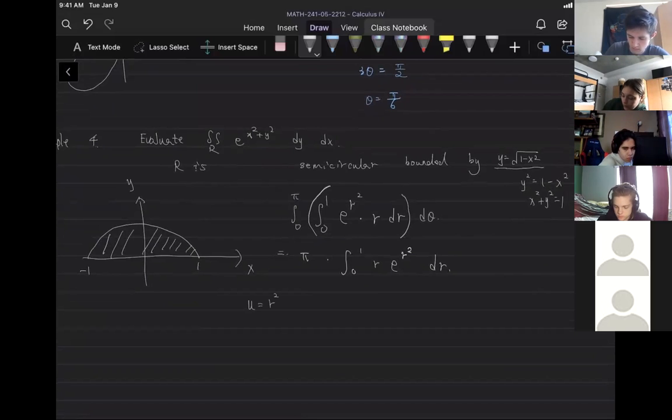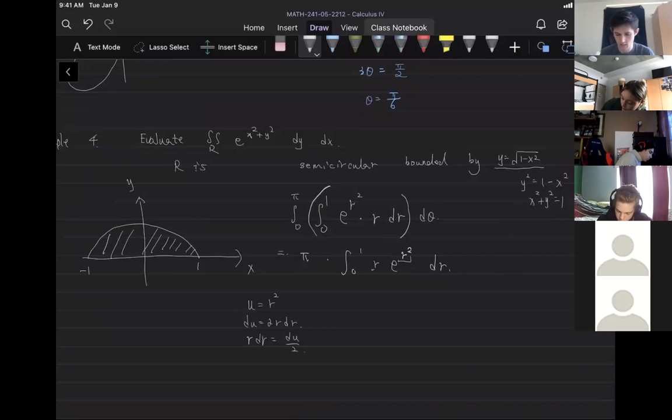u equals r squared, right? And what's du? 2r dr. So that means r dr is du over 2. So this integral equals, I'm going to continue with pi, pi times the integral of e to the u du over 2.